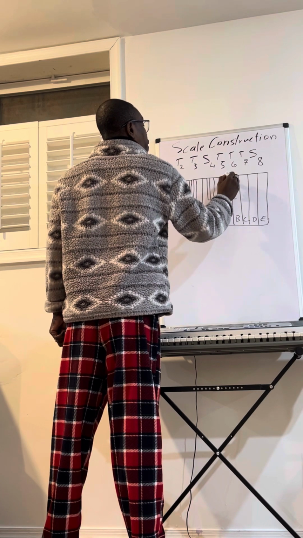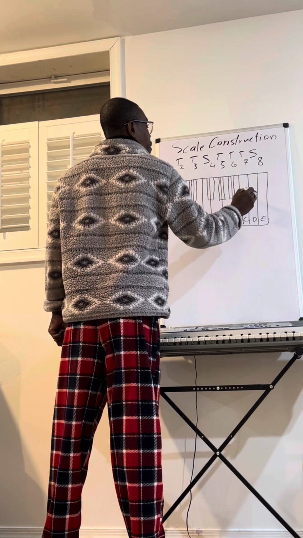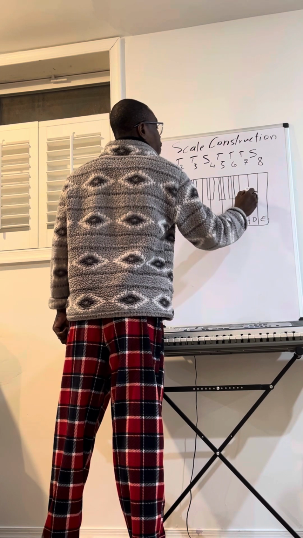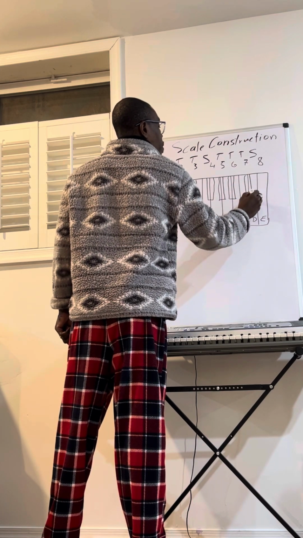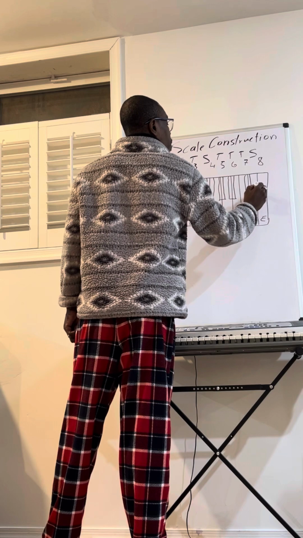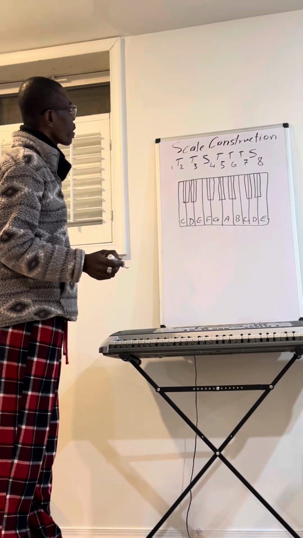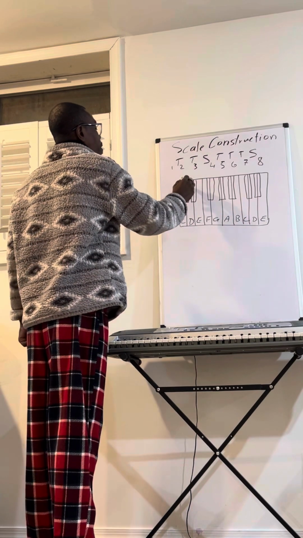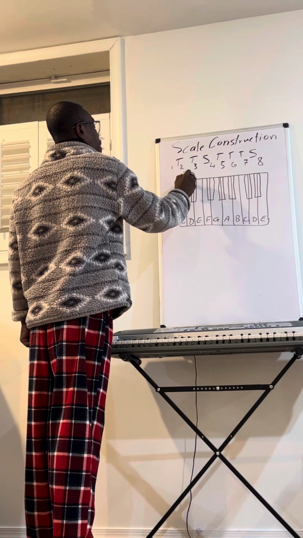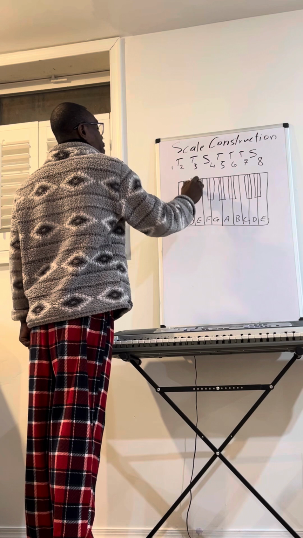That's how they occur in 2s and 3s. We have another 2 here. Right. Okay. So these are our blacks, and the others are the whites.